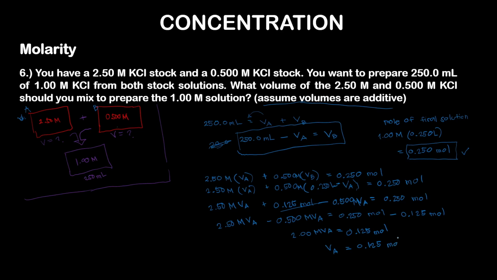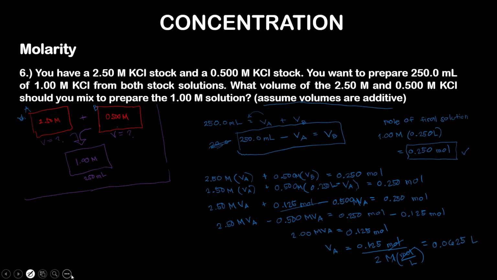Okay, so if we want to find VA, 0.125 mole over 2 molar. And molar is mole per liter. So the moles cancel, and we are left with liter. So 0.125 divided by 2, we have 0.0625 liter.